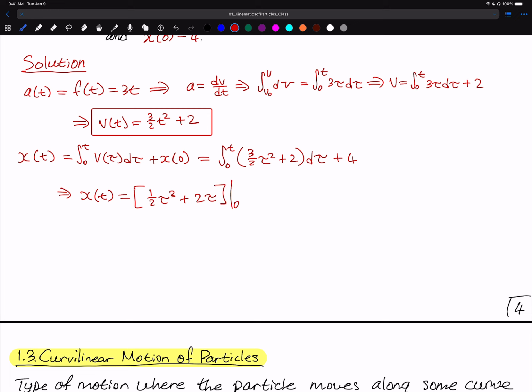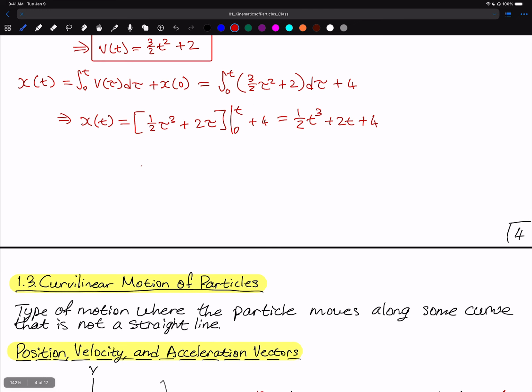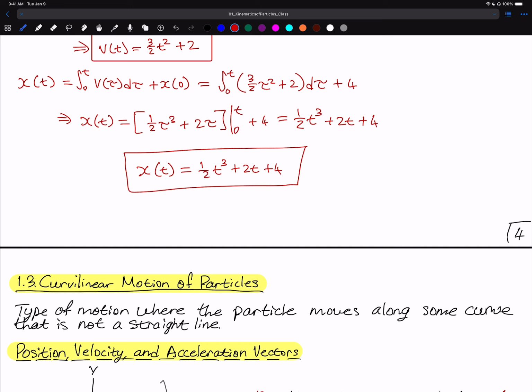This is evaluated at 0 and t, plus 4, and this will then be equal to 1/2 t cubed plus 2t plus 4. So our position as a function of time, x of t, is equal to 1/2 t cubed plus 2t plus 4. And that is the solution to this example problem.